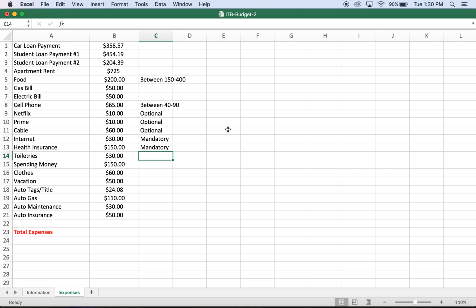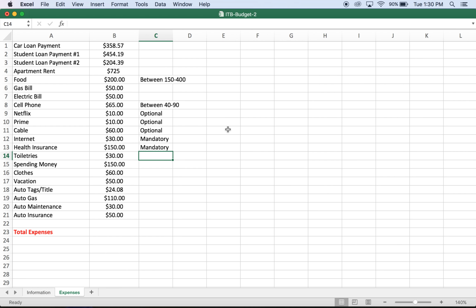Toiletries, we're looking for items such as toilet paper, napkins, toothbrush, toothpaste, razors, maybe an electric razor, shaving cream, lotions, laundry detergent, dish soap, all of those things like that. Even makeup, hair gel, haircuts, all things related to any sort of personal care product that you may have.